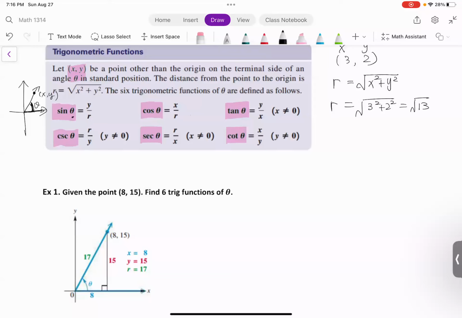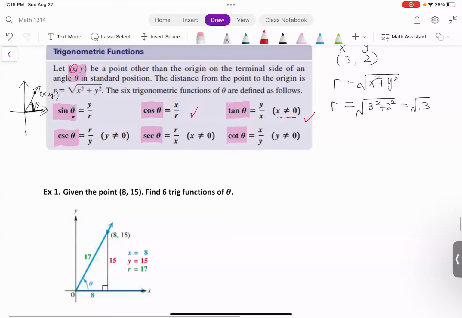Cosine theta equals x over r, the value of the x here. And tangent theta equals y over x. Why is there a restriction that x is not equal to 0? Because x is at the bottom. And for the previous 2, we have r at the bottom. R is always a positive number. It's a distance, so it will not have any 0 value. So I didn't worry about r for the first 2 functions.